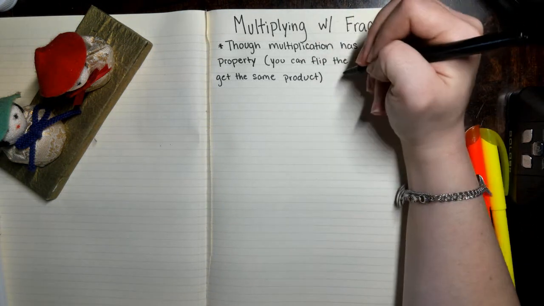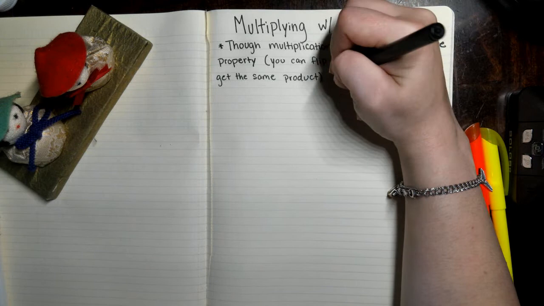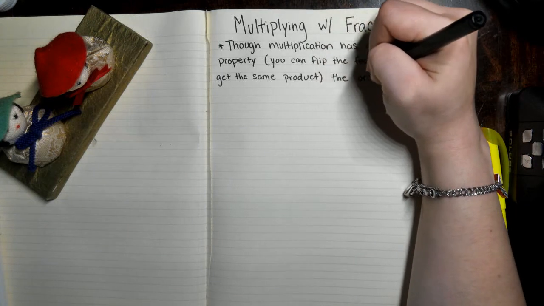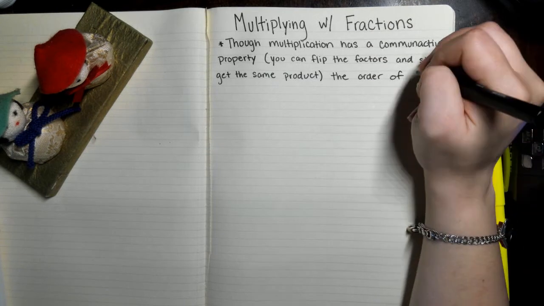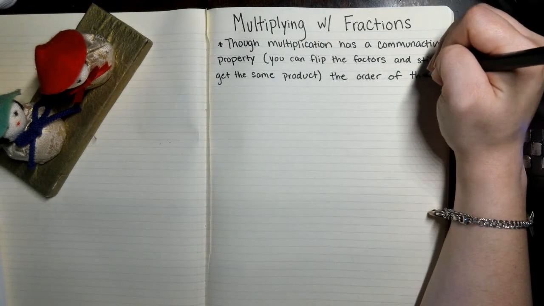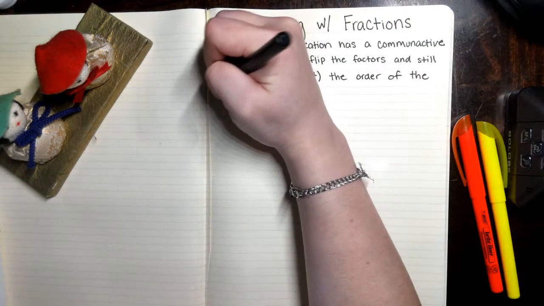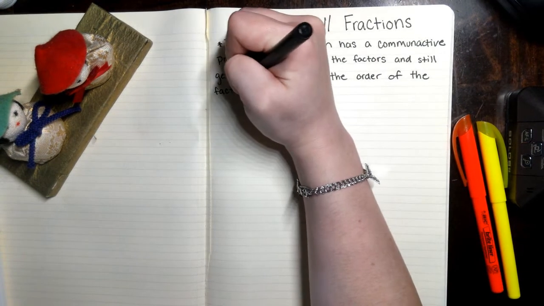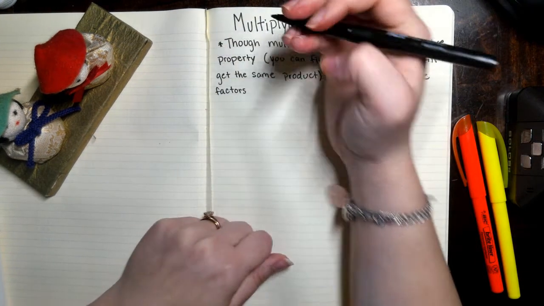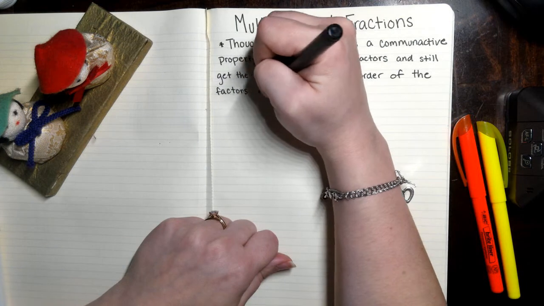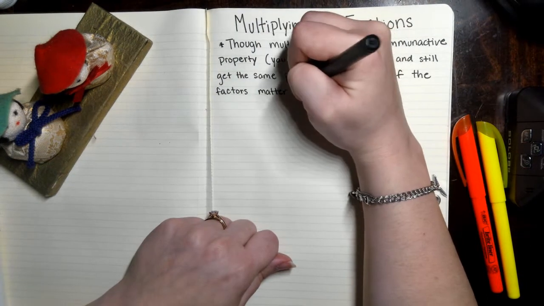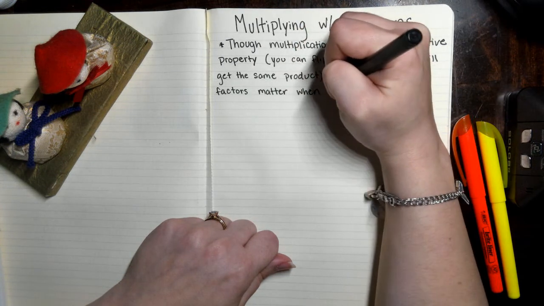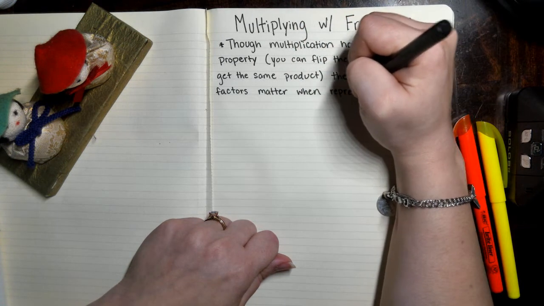So even though it has a commutative property, the order of the factors matters when representing.